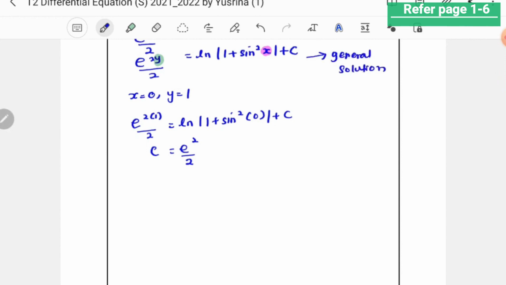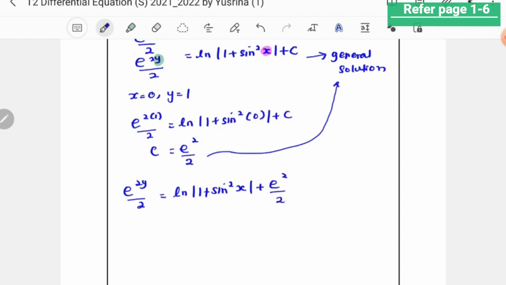Then substitute the value of c into the general solution, we get the particular solution. So e^(y/2) equals ln(1 + sin² x). Okay, then substitute the value of c, e² over 2.